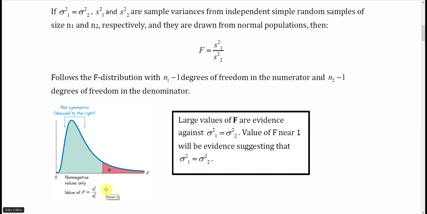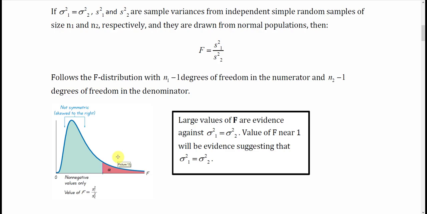The F distribution is not symmetric; it is skewed to the right. Because it is not symmetric, you cannot just find the p-value for two tails by finding one right tail and multiplying it by 2 as before. That is not as easy in this case.